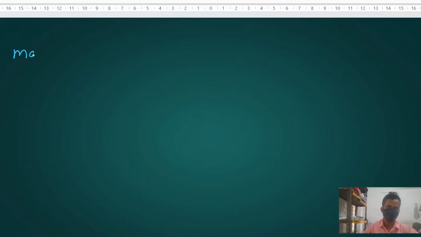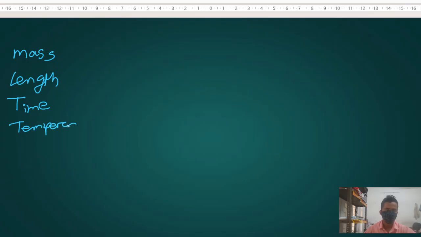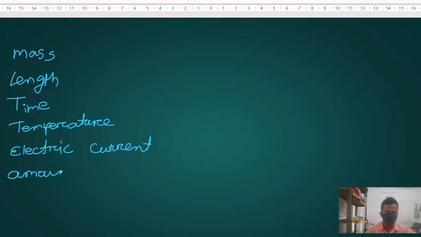The first is mass, second is length, third is time, fourth is temperature, then electric current, and amount of substance.